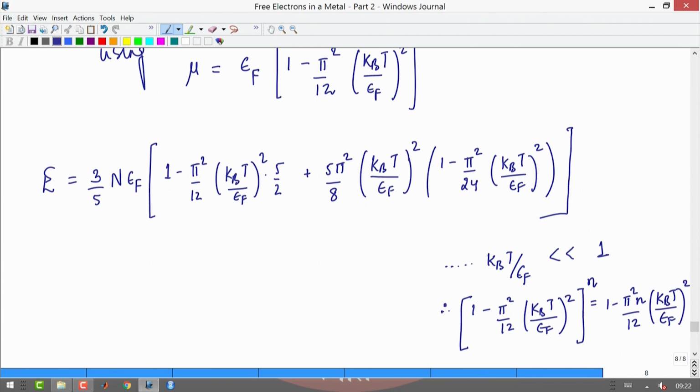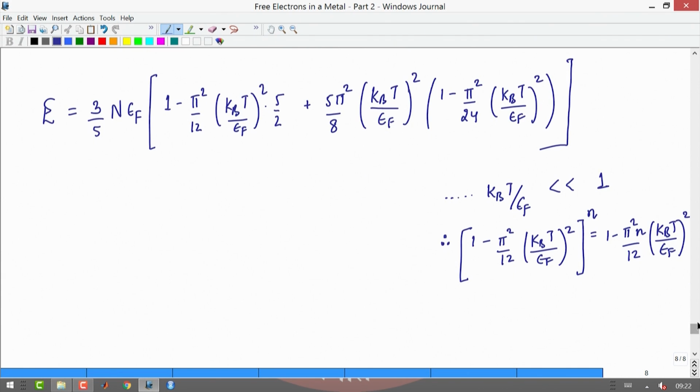Okay. So, let us see what finally I have. Now, easily you can see, since we are in the approximation kT over EF much smaller than 1, I am going to drop terms that are higher than quadratic in nature.